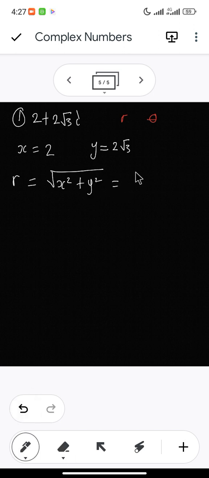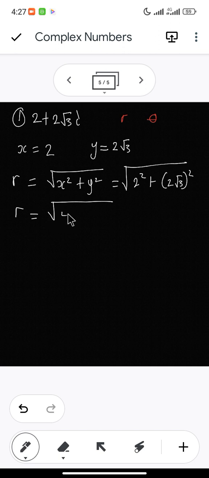If you solve this, you're going to have the square root of 2 squared plus 2 root 3 all squared. Now r is going to give you the square root of 4 plus, when you solve this, you're going to have 12. Now this gives you the square root of 16, which gives you 4. So our absolute value is 4. So we're done with this.